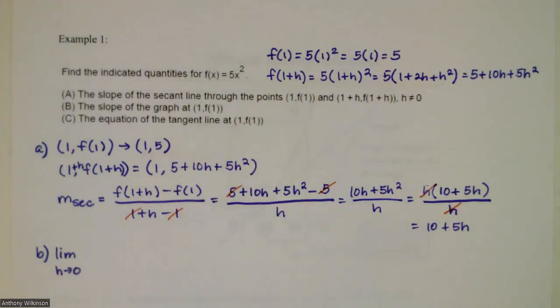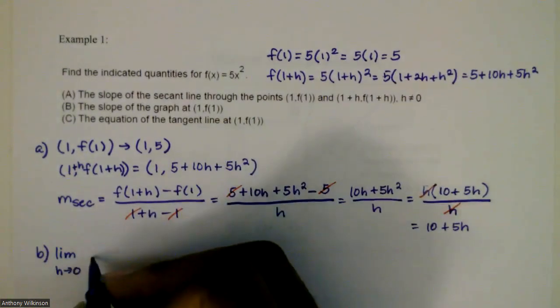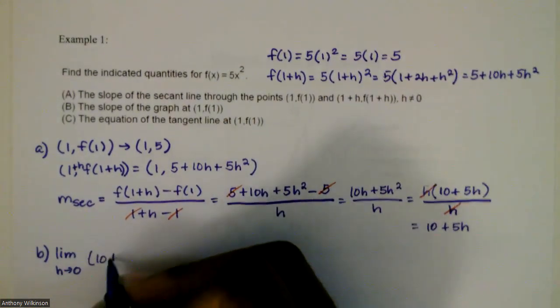If you recall back in section 2.1, we did talk about limits and how to take limits here. And one of the concepts that I discussed in that video for section 2.1 is the difference quotient and taking its limit. So in this case, we're going to take the limit as h approaches 0 of this expression, 10 plus 5h.